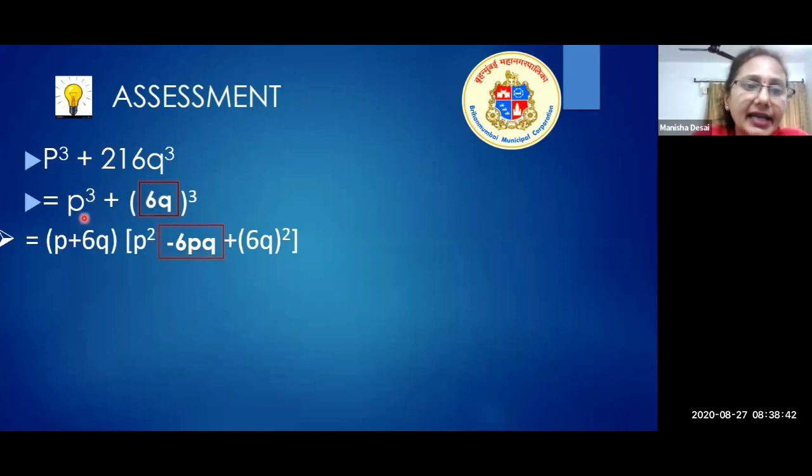So here a is p and b is 6q. In the formula, we replace a with p and b with 6q, and the middle term is minus ab. So minus ab can be written as minus 6pq. Yes, p into 6q will become 6pq. So that is minus 6pq.